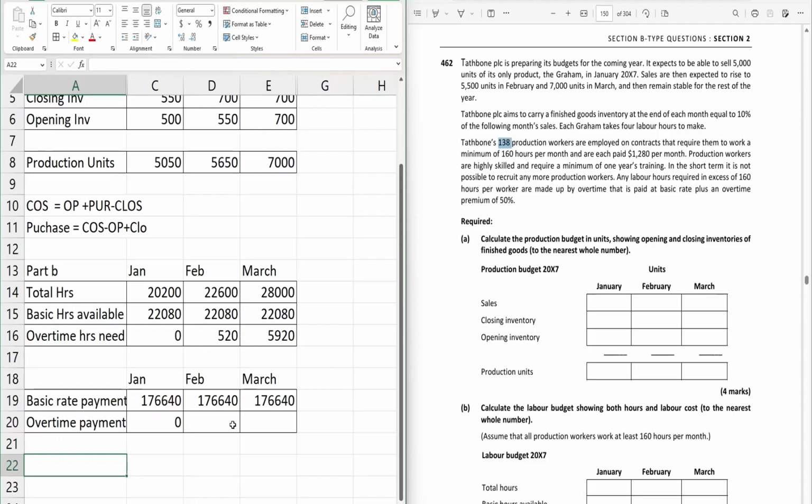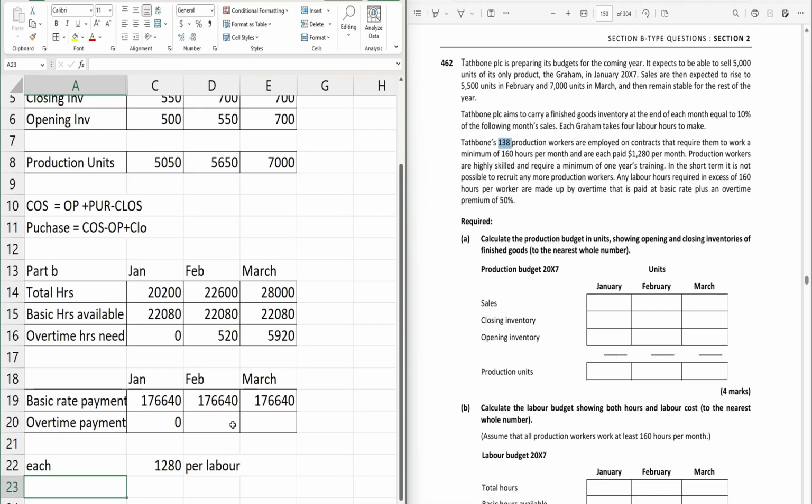See, currently each labor is being paid 1280, right? So 1280 per labor. And how many hours are they giving? 160, right?